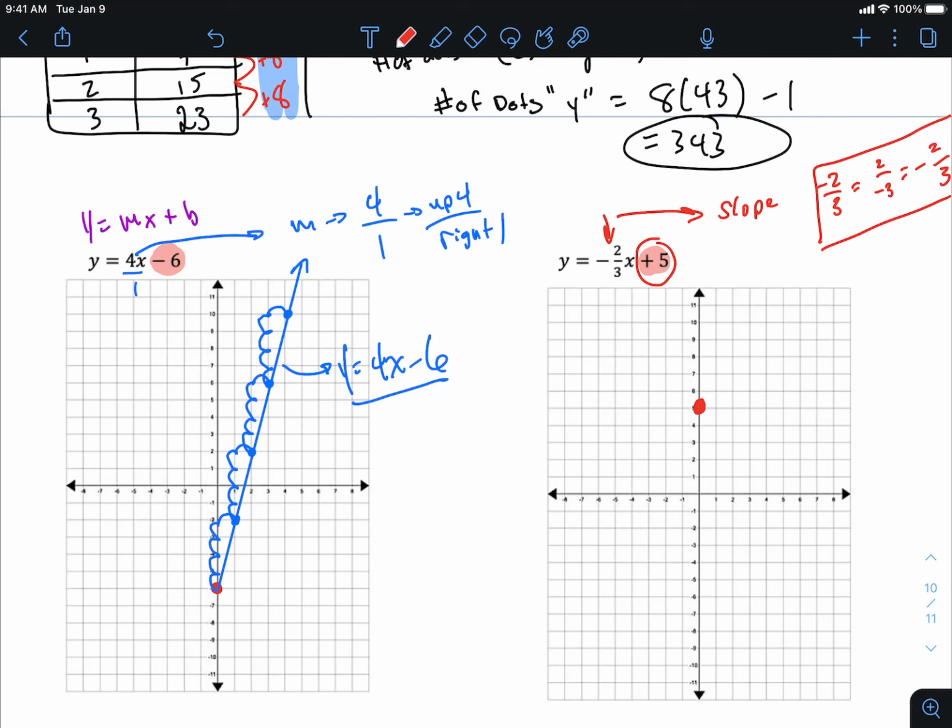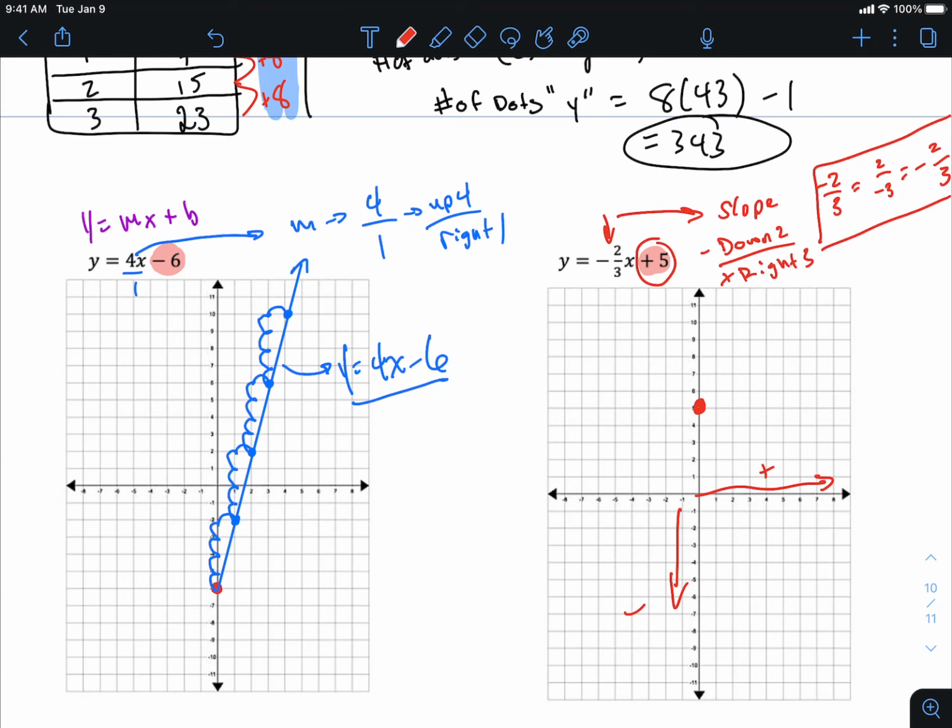Doesn't matter where you put the negative. The important part is that the thing's negative. So the slope here could be down 2 and to the right 3. It's down because of the negative in the top, and to the right because it's positive in the bottom. Positive numbers go this way, negative numbers go this way.